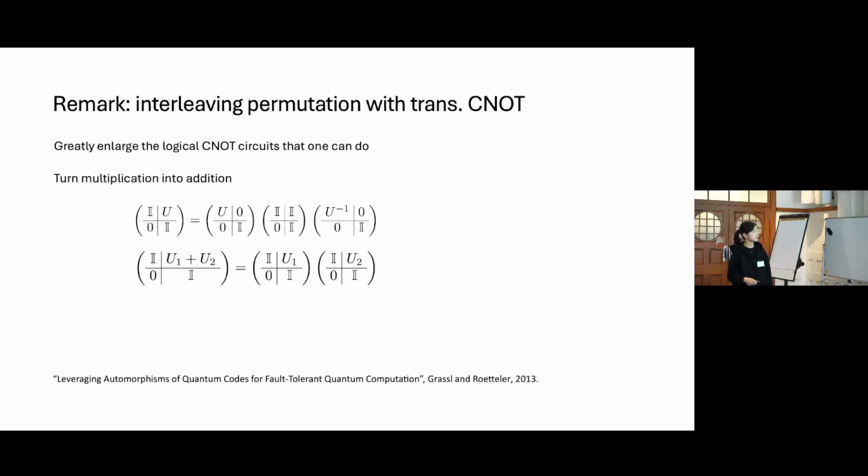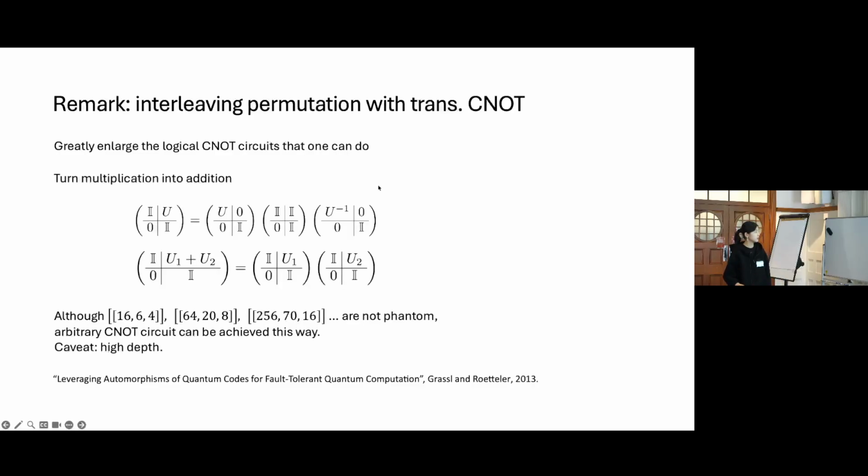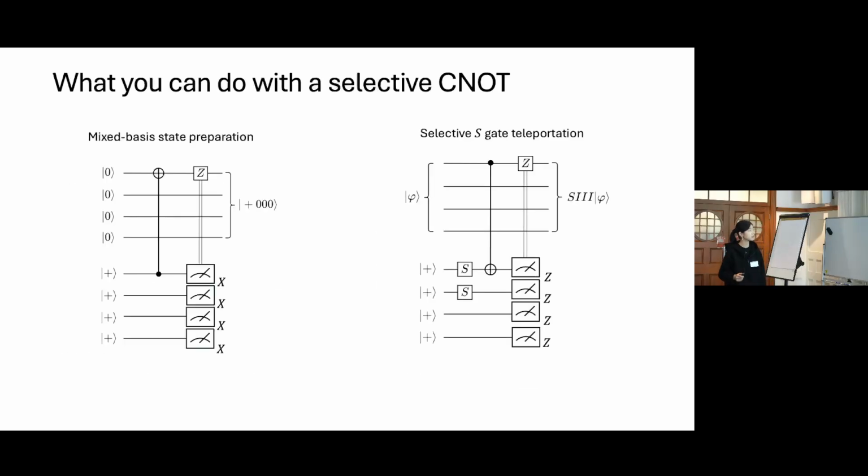So I will skip this. For example, even on this very high rate code family, which are not phantom, you can achieve arbitrary CNOT circuits through this trick, which is introduced in this paper. But the caveat here is that the depth of doing those circuits is really, really high. So that's why we do this phantom code project.